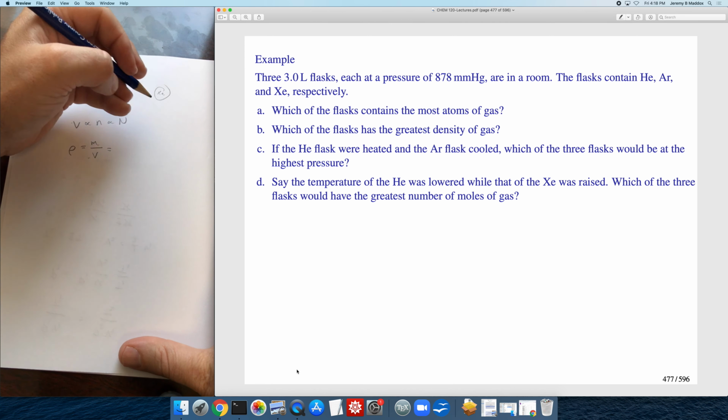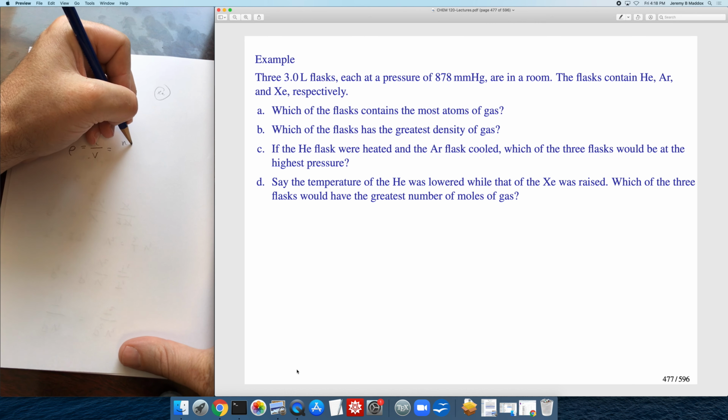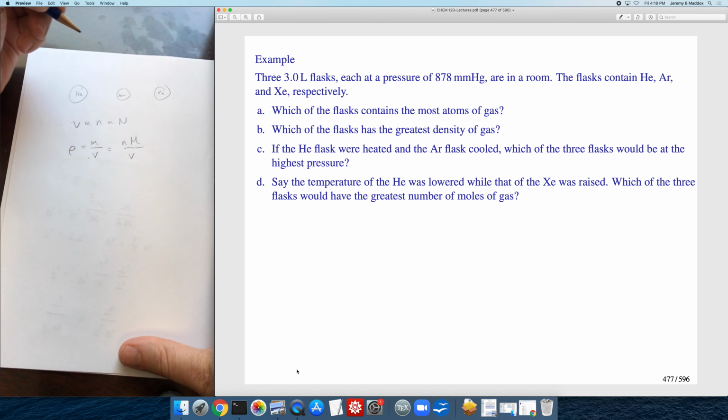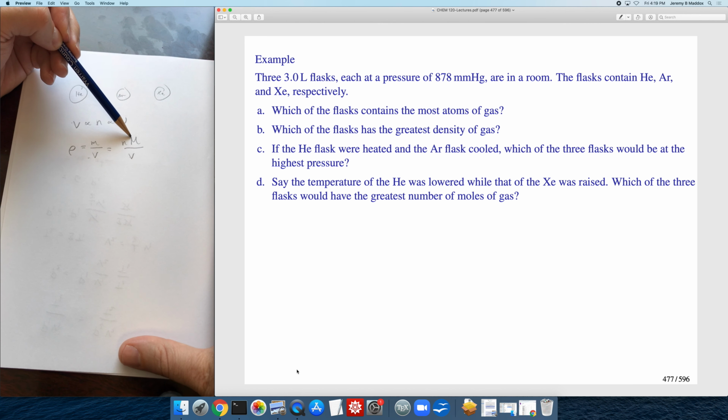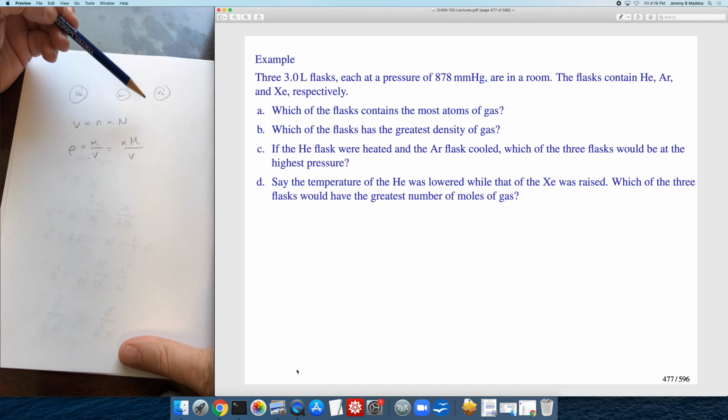You could write it like this: number of moles times the molar mass divided by the volume. Well, each gas has the same number of moles and the same volume, but they have different molar masses. The xenon has a larger molar mass than the other two gases. Therefore, the xenon is going to have a higher density than the other two. Okay, so the answer to part B is the xenon.